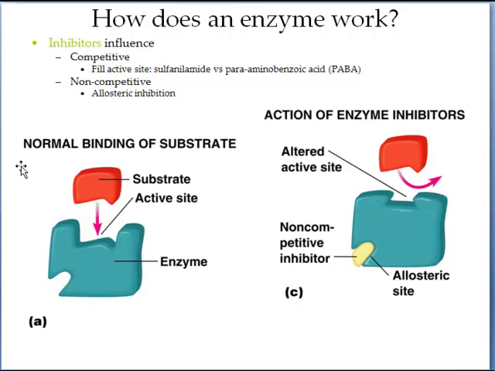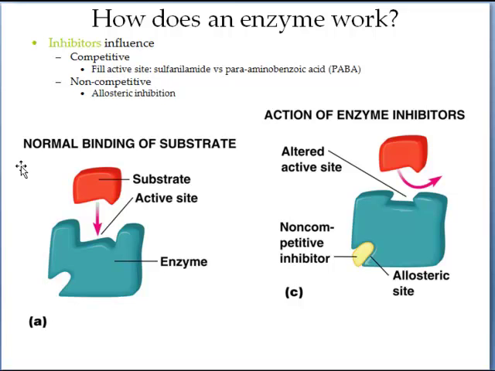Now, the mechanism by which the enzymes will work is based on two processes. One is called competitive inhibition, and one is called non-competitive inhibition. Now, inhibitors are pretty much molecules that will affect the activity of an enzyme.